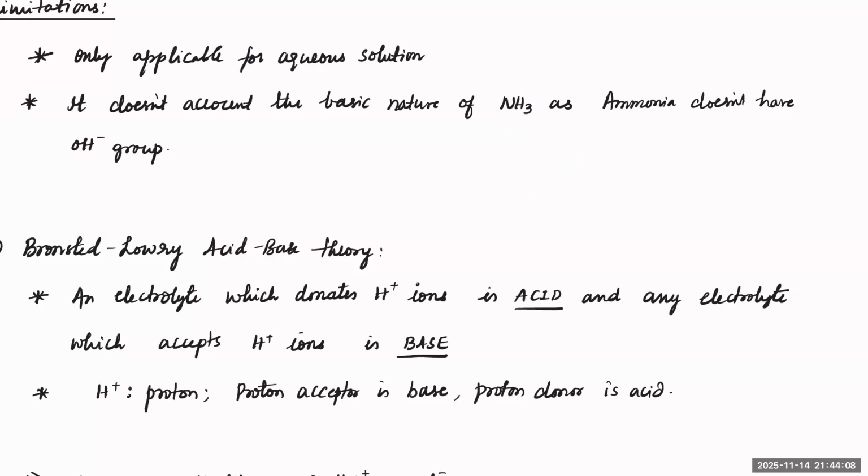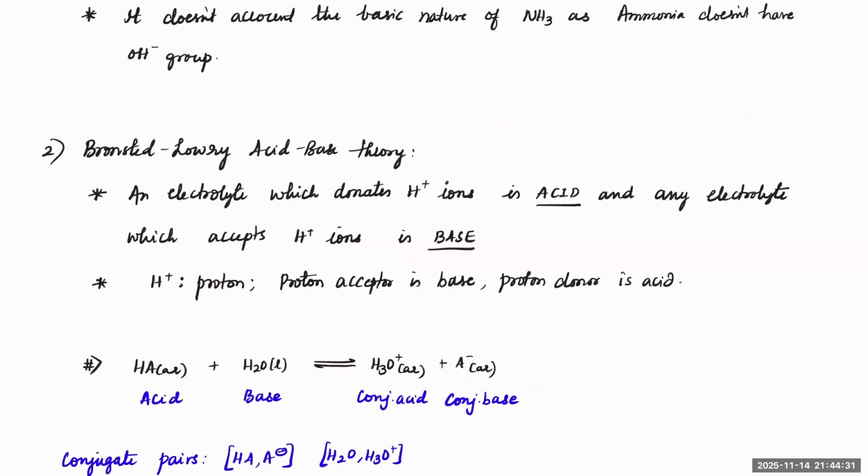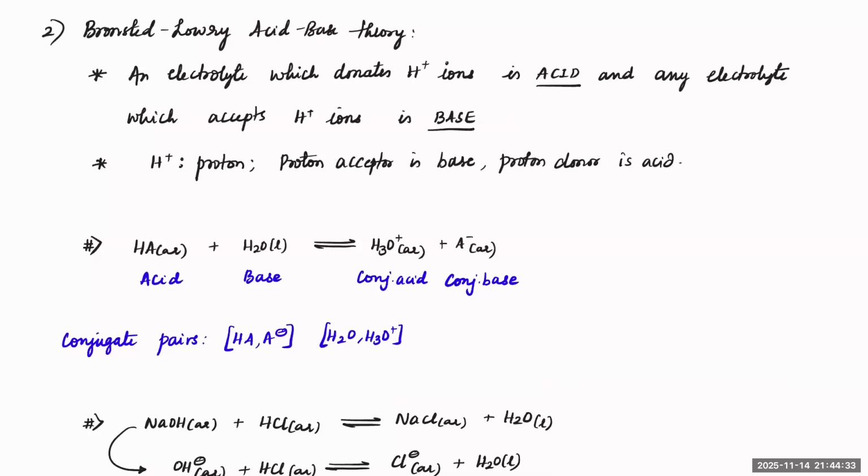Ammonia is used as a base in many solvents. So even though ammonia is a base, it is not accounted for by the definition of the Arrhenius base theory. Clear? So these are the major drawbacks: representation of all forms of bases and representation of anything other than aqueous solutions. These two are the main limitations of Arrhenius acid-base theory.